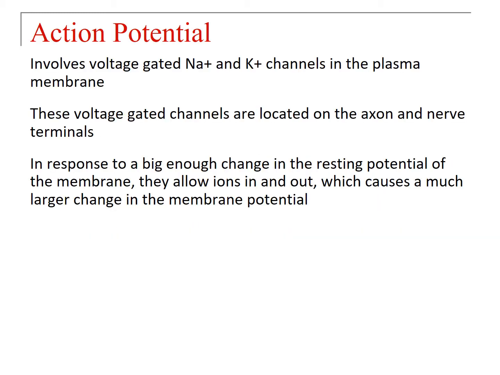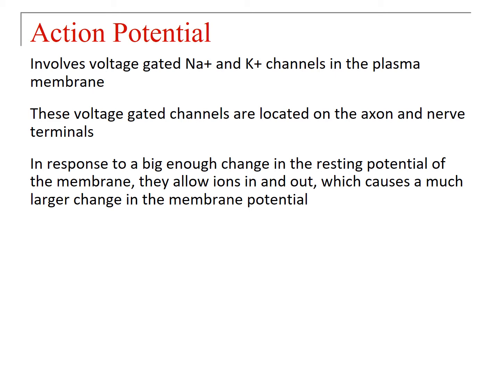Okay, so hopefully now you've watched those videos and you know that an action potential involves voltage-gated sodium and potassium channels in the plasma membrane. Now in neurons, these voltage-gated channels are on the axon and nerve terminals, but we'll worry about that later in the semester. In the case of muscle tissue, they are located outside of a structure called the motor end plate.